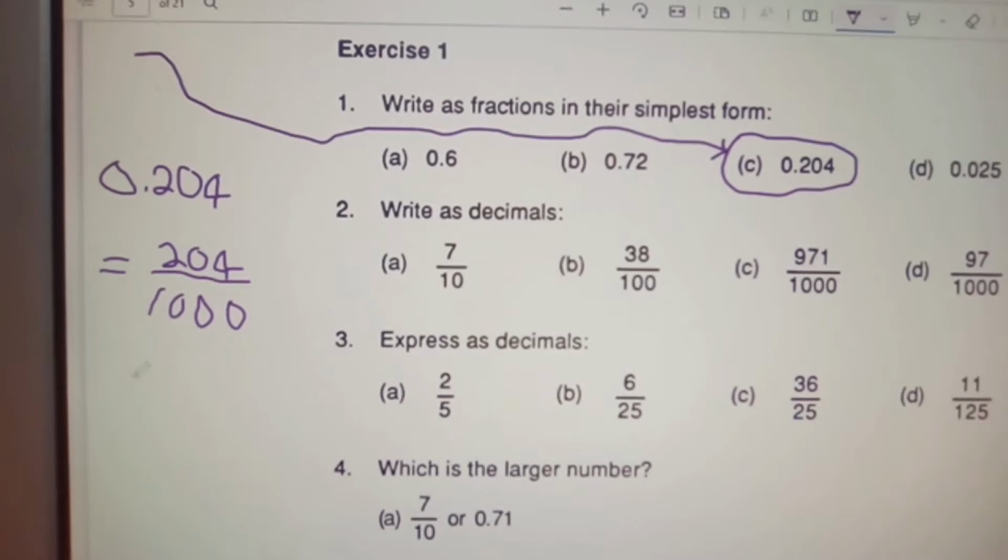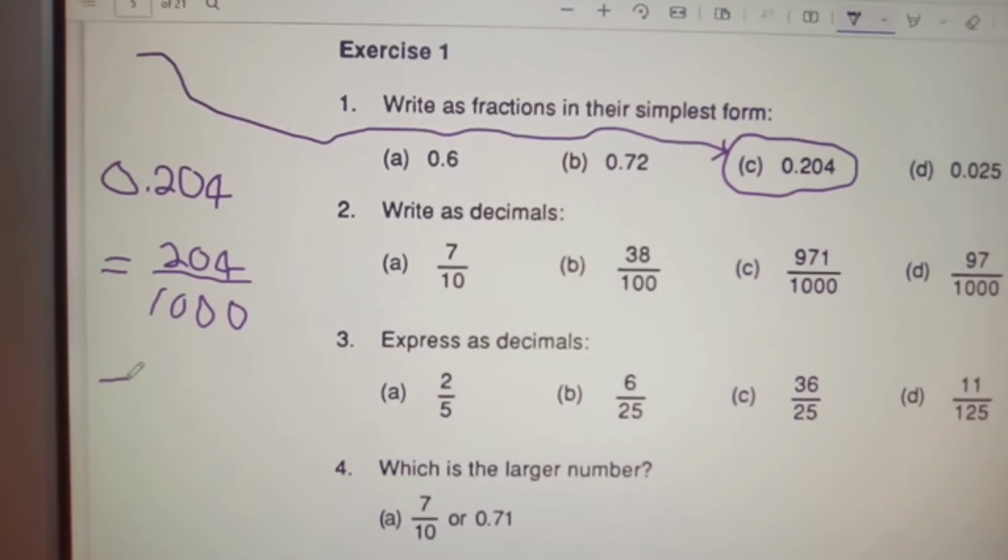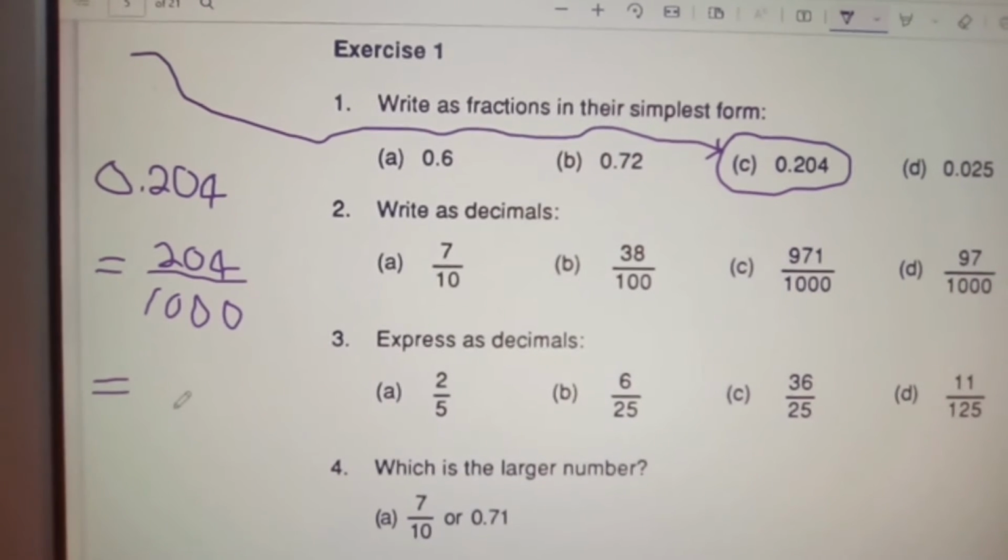What we're saying then is 204 divided by 1,000 is equal to what? Well, we don't know yet. But for you bright ones, you can probably do that for yourselves. But for those of us who are not that bright, we have to do it the hard way.